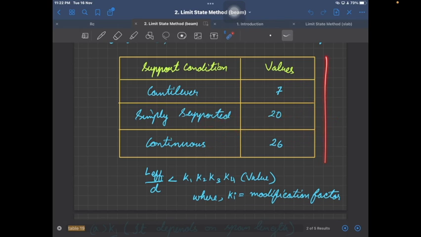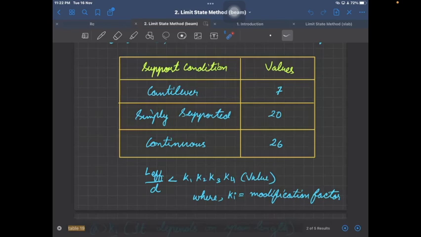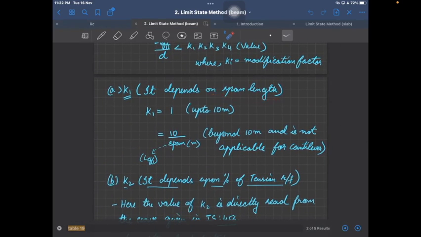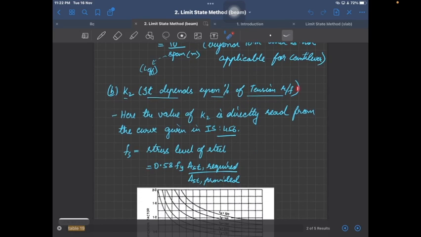This is from the code. For us it is a continuous beam, so we take the value as 26. K1 depends on span length, and K1 is 1. K2 depends on the percentage of tension reinforcement, so that we have to calculate.